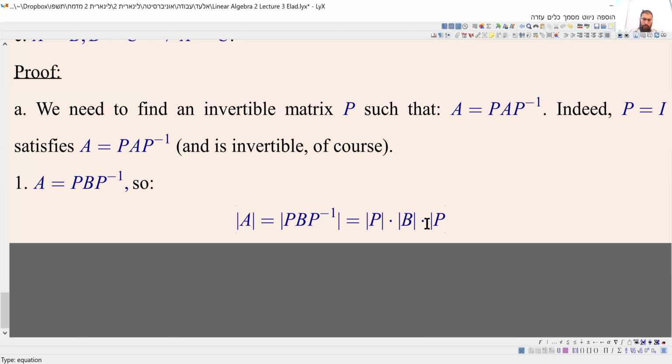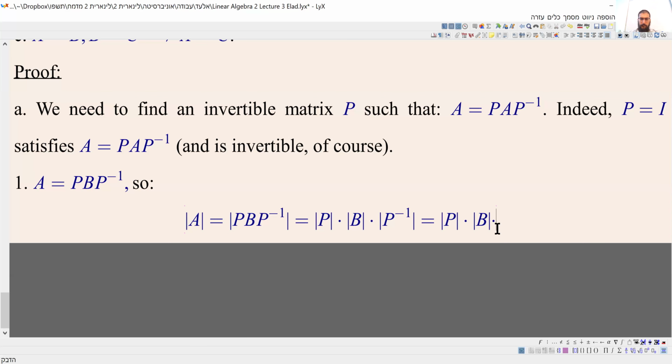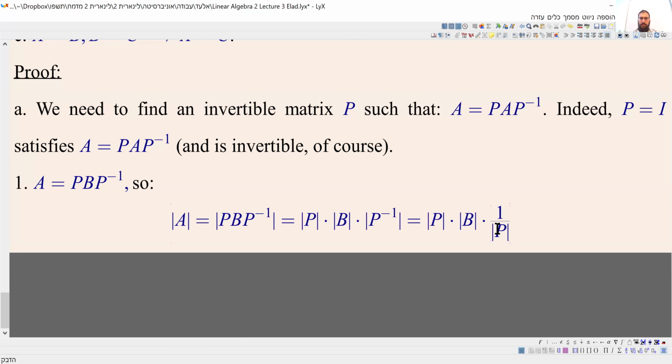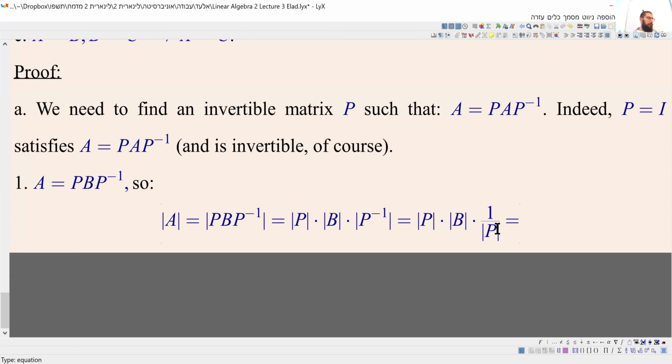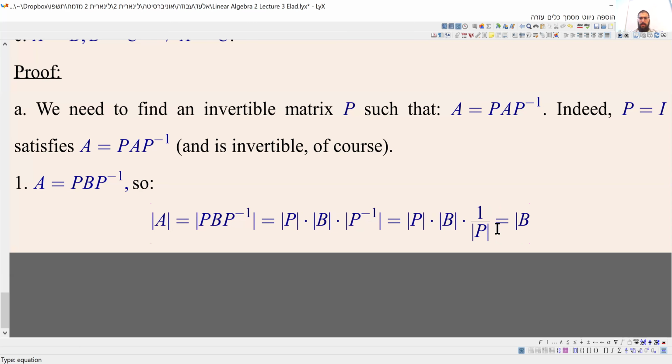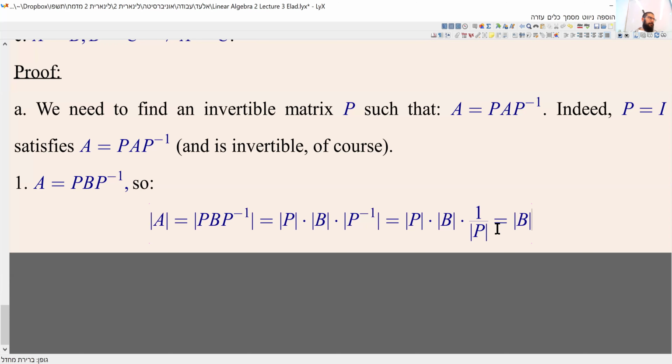We stated before that the determinant of P minus 1 is 1 over the determinant of P. And how convenient: the determinant of P cancels, and we stay with the determinant of B, as we wanted.